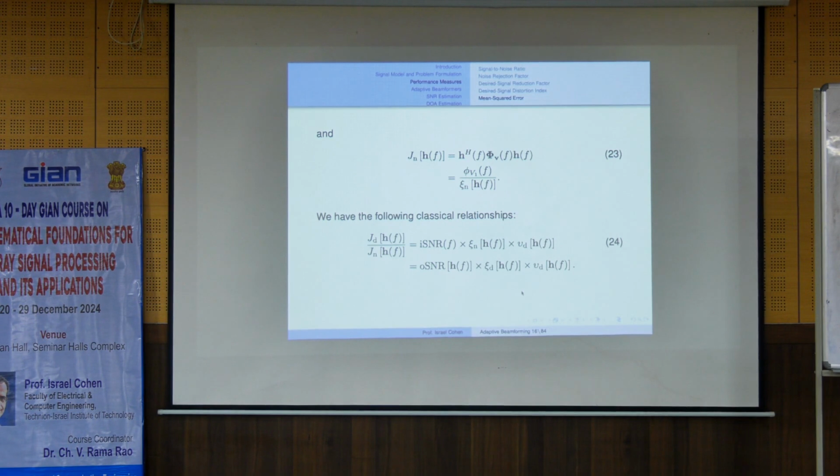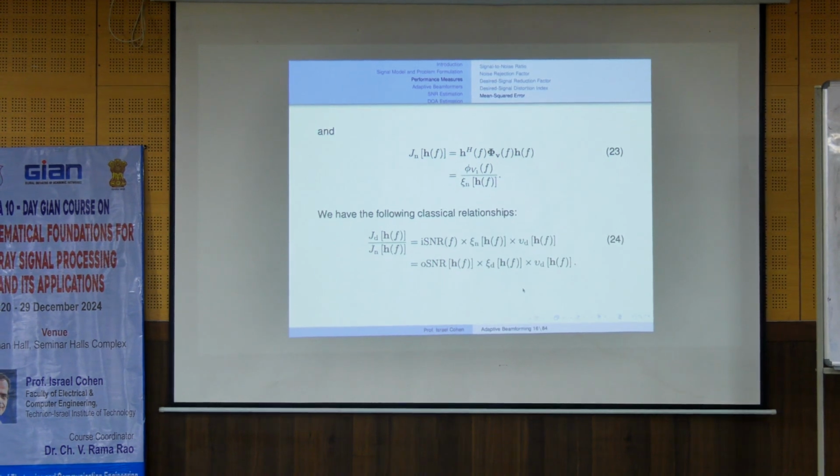So for fixed beamforming, we assume either white noise or diffuse noise, or a combination using the parameter alpha, and then we can compute the power of the residual noise. But here, we can take the actual noise because we estimate the correlation matrix for the actual environment.